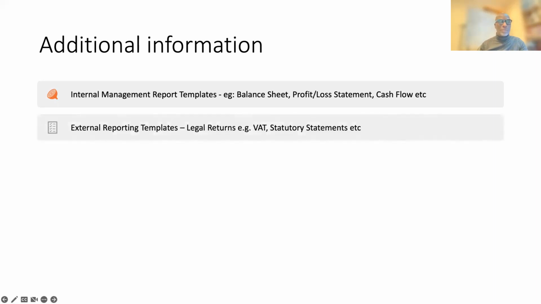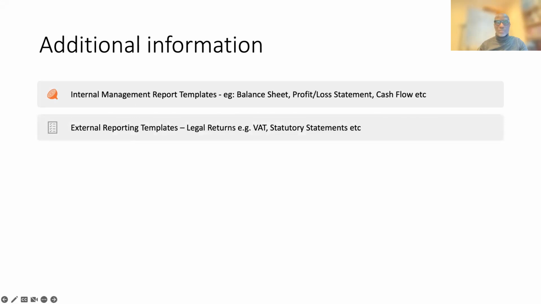The other additional information that you need to collect when going through your discovery workshop is any internal management report templates, like the balance sheet, profit and loss account, cash flow. Start to get any of those types of reporting. It may be external reporting as well.